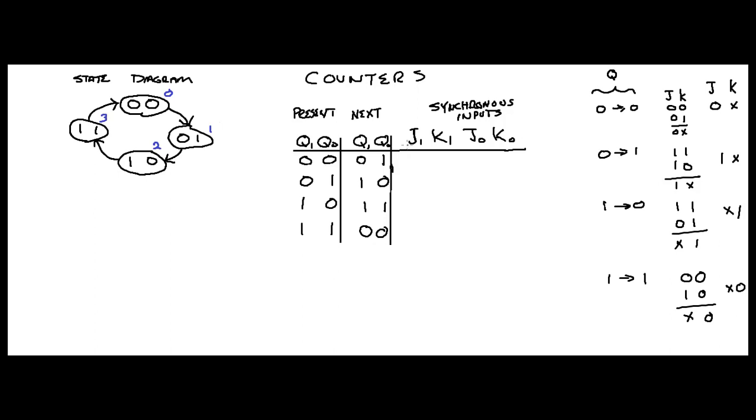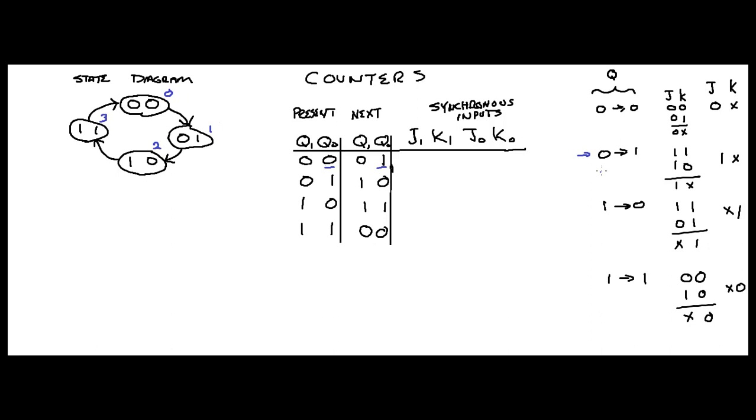All right, everyone. So let's fill in this table, shall we? It's a state table. So let's look at this. We're going to look at Q0 first. A transition from Q0 equals 0 to Q0 equals 1. Get it? And if we look at that, that's this transition right here, right?